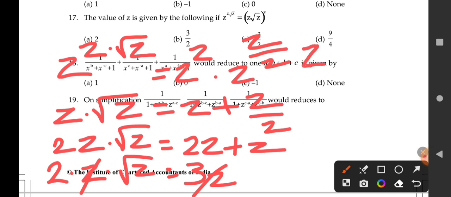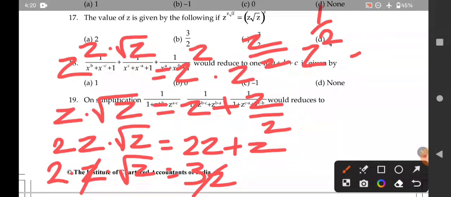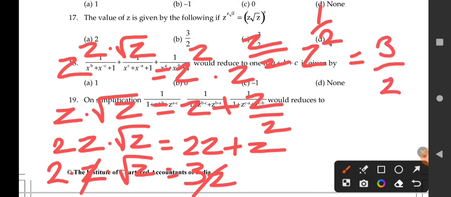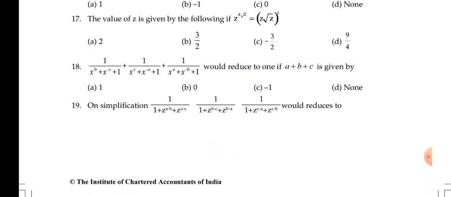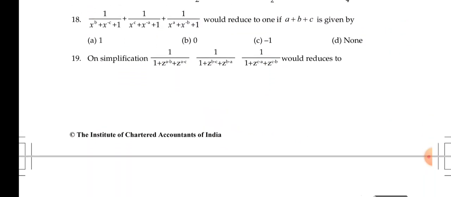So we have z power 1 by 2 equals 3 by 2. Okay, so let's square: z equals 3 by 2 whole square, which equals 9 by 4. Option number D. I hope you understood.